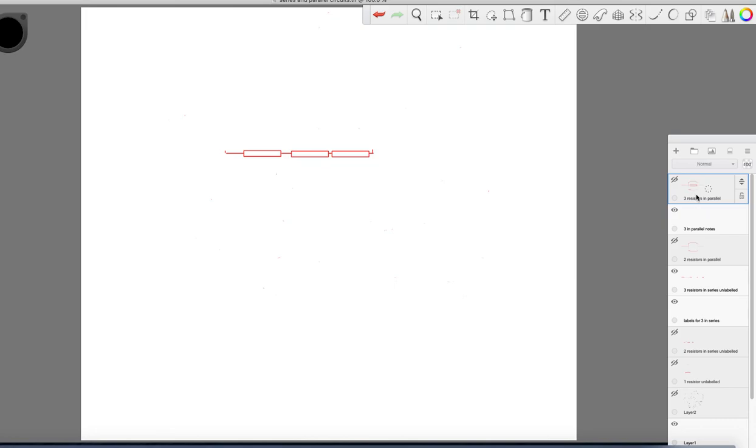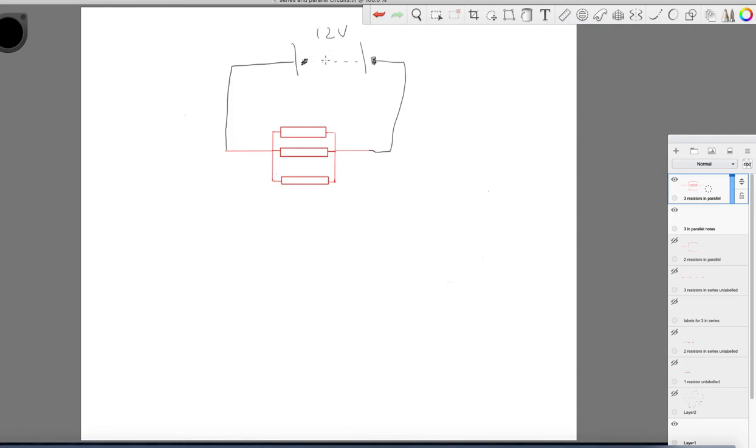So let's have three resistors in parallel, and let's apply the same idea that we had before on the series circuits. So let's say that's 12 volts again.